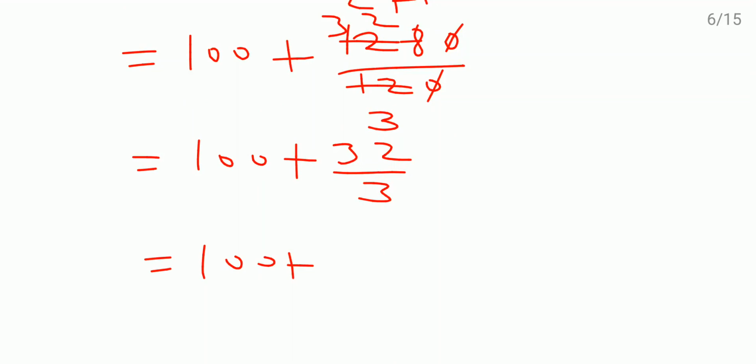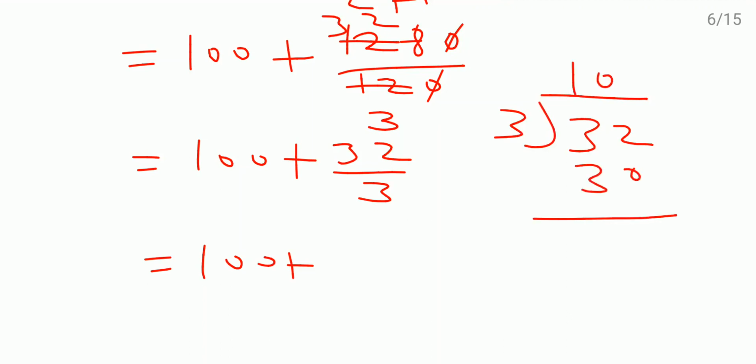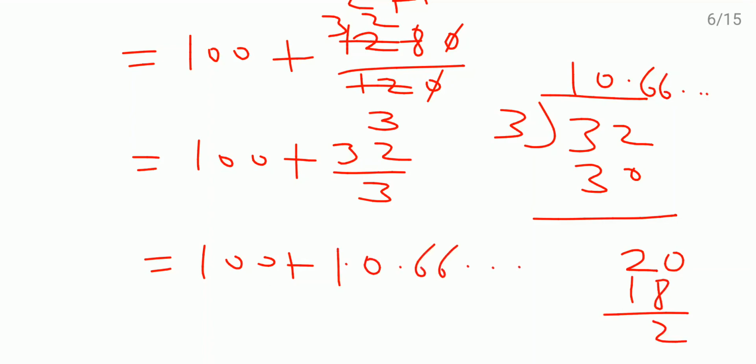So here 100 plus 32 by 3. If you are having confusion, we'll do the division. 3 tens are 30. So we can write down 2 here. Decimal place 0. 3 6s are 18. 2 here. This 6 will keep on going on. So here 10 plus 6 6 6, it will keep on going on.